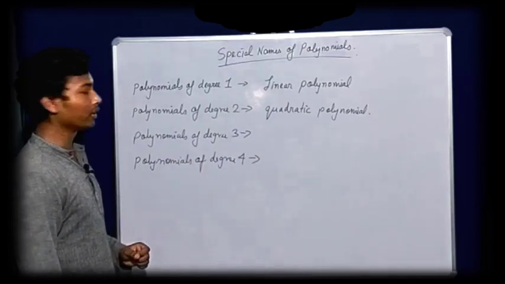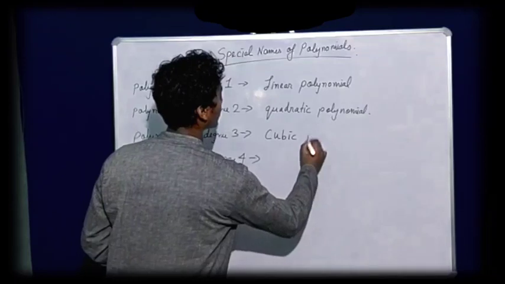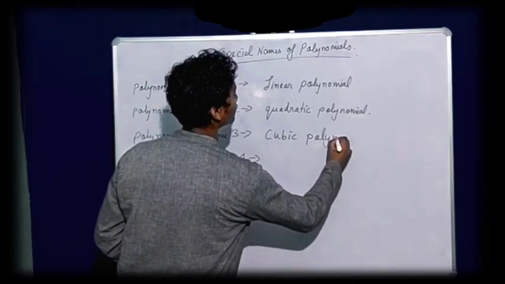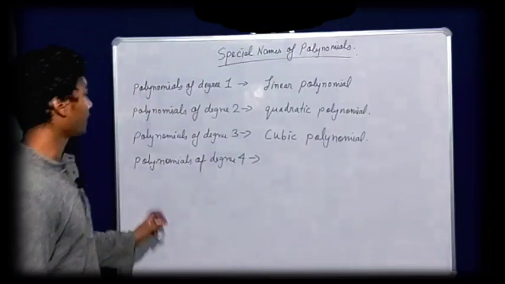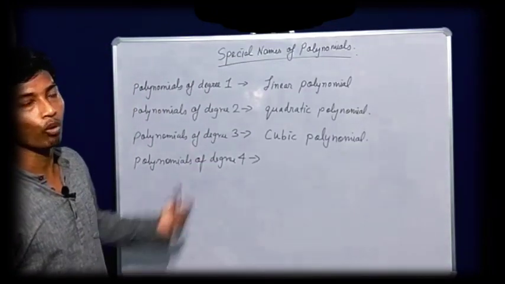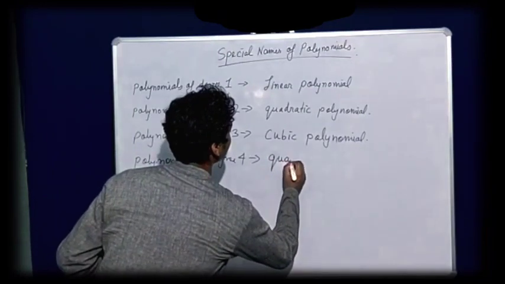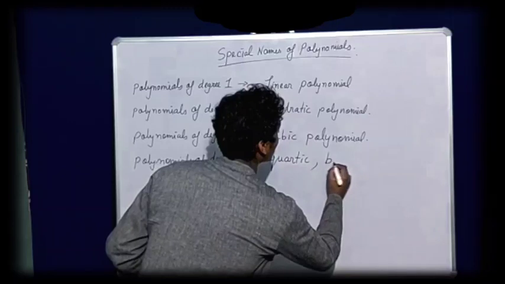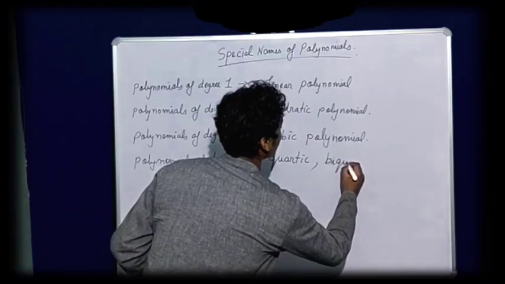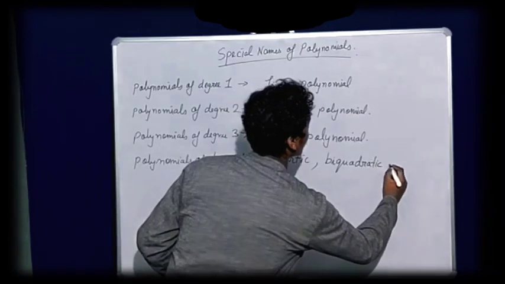A polynomial with degree 3 will be termed as a cubic polynomial. And finally, a polynomial with degree 4 will be termed as a quartic or biquadratic polynomial.